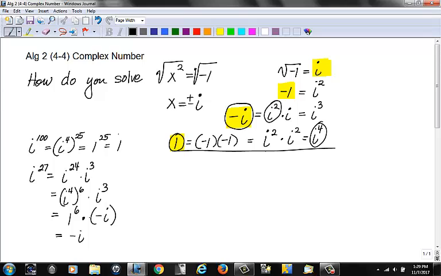But the main ones that you'll be using are that i is the square root of -1, and i squared is -1. Those two.